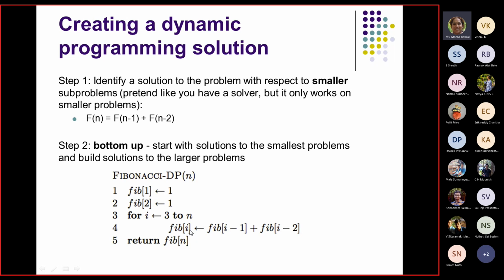Fibonacci i is equal to Fibonacci i minus 1 plus Fibonacci i minus 2. Every time we will do this, and we will always store this. Fib i need not be calculated again. So if I want to calculate Fib 3, it will already have the values of Fib 2 and Fib 1. When I want to calculate Fib 4, I will already have the values of Fib 3 and Fib 2. I will not calculate it again.